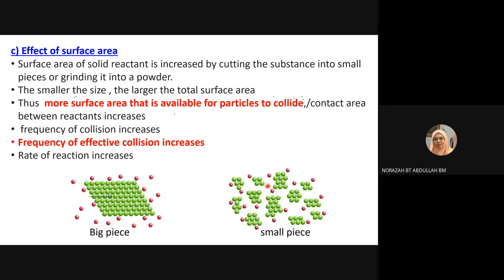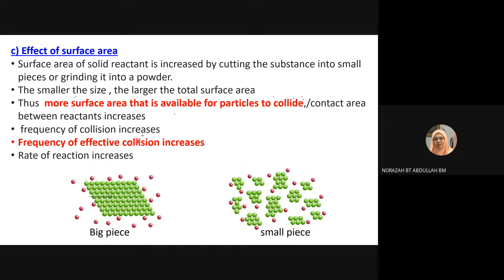Kalau sekiranya kita tukar bahan kita tu yang pepejal, kita grindkan dia kepada powder form. Jadi dalam bentuk powder tu surface area-nya lebihlah berbanding sekiranya dia dalam bentuk kepingan yang besar.